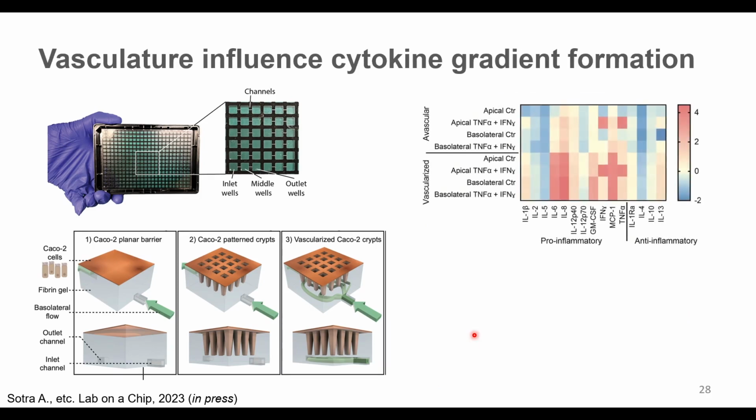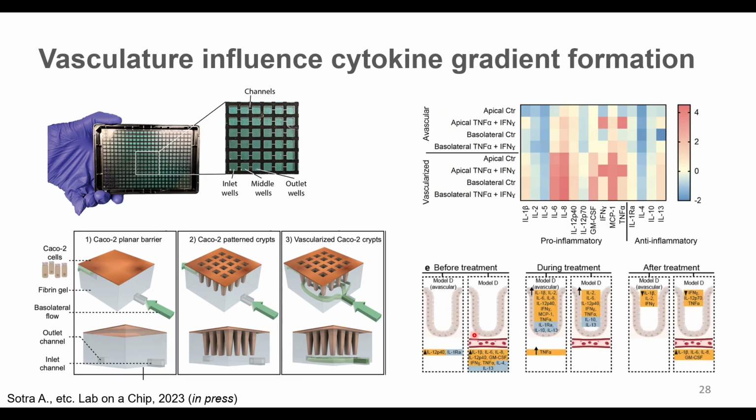And then next, we treated the tissue with TNF-alpha and interferon gamma to stimulate this inflammatory response and to look at different cytokine gradients across this barrier. Now, even before the treatment, what you can see is that just the presence of vasculature can provide a lot of different cytokine gradients across this barrier. Right? Now, during treatment, the inflammatory cytokines go up.